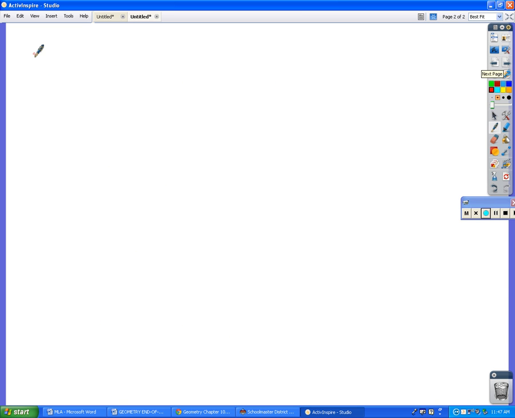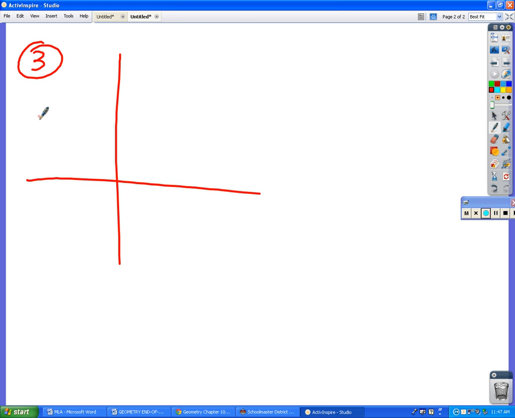All right, number 3, they give you this funky looking graph and they say give the value of f of x when x equals 4. The way you solve this problem is you go over to 4 on the x-axis, and then from there go up to the graph.